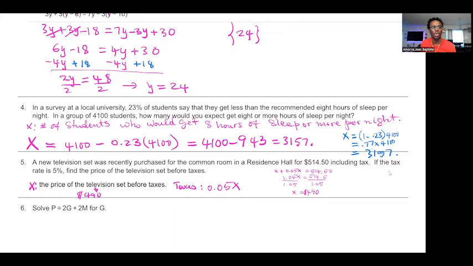So the tax will be for $514.50. Subtract 490 on it. So that would be 514.50, minus 490. So he paid $24.5 in tax.